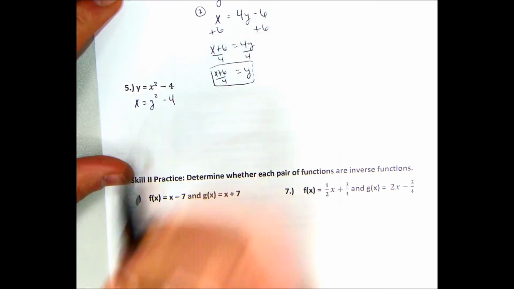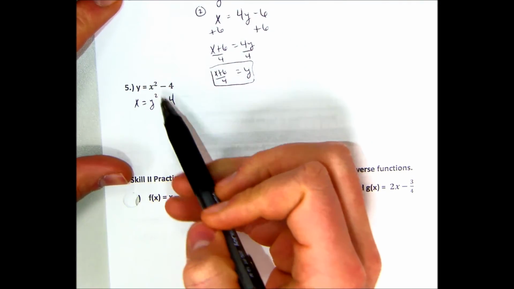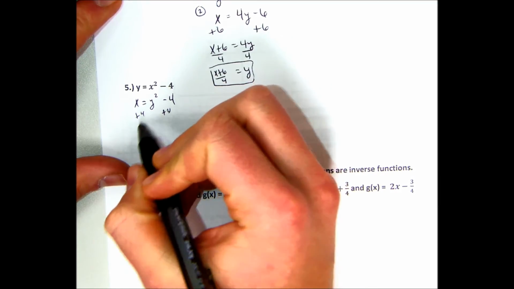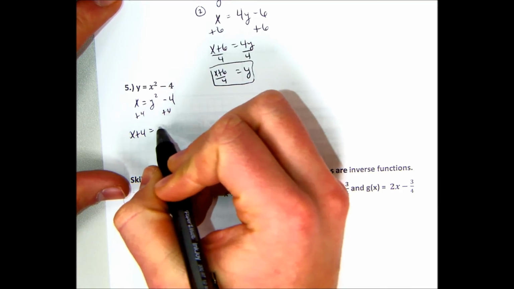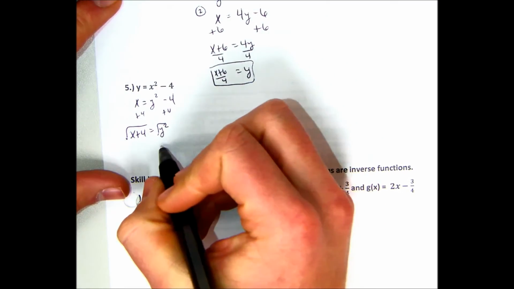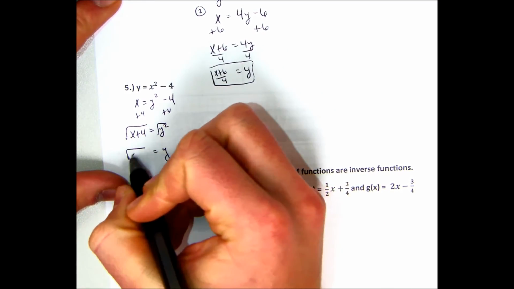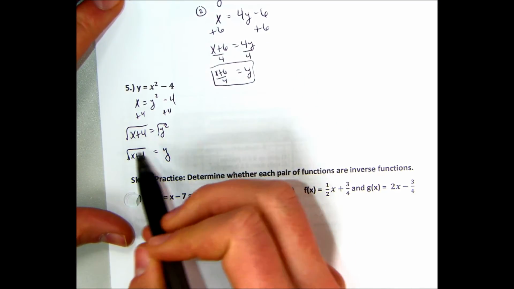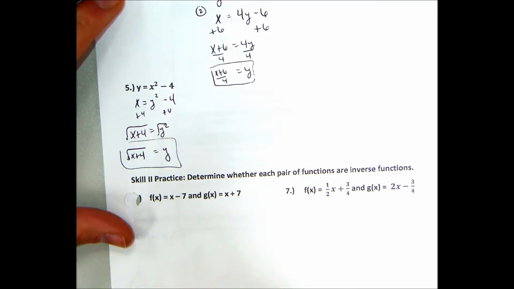And then we're going to add 4 to both sides. So we have x plus 4 equals y squared. Square root both sides, and now you have y equals the square root of x plus 4. Don't change this. Just keep this as is. There you go. So the inverse would look like this.